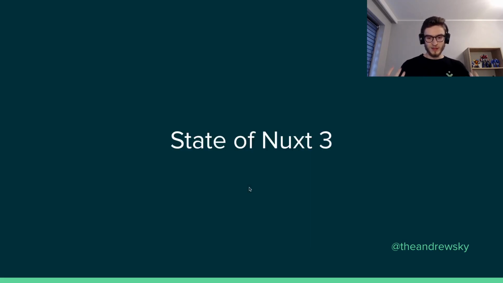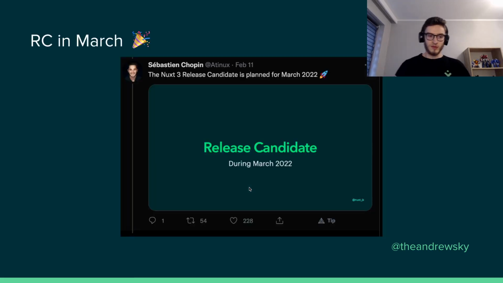So what about the state of Nuxt 3? We already explained quite a few features that improve the developer experience. Nuxt 3 is still in beta. However, the release candidate is planned for March, next month, in a few days, let's say. So we are all waiting for it.